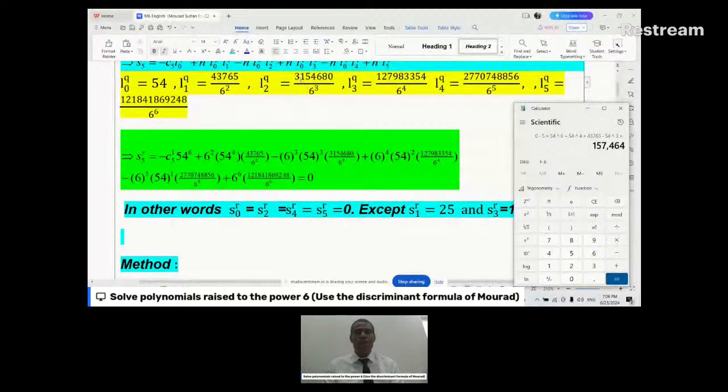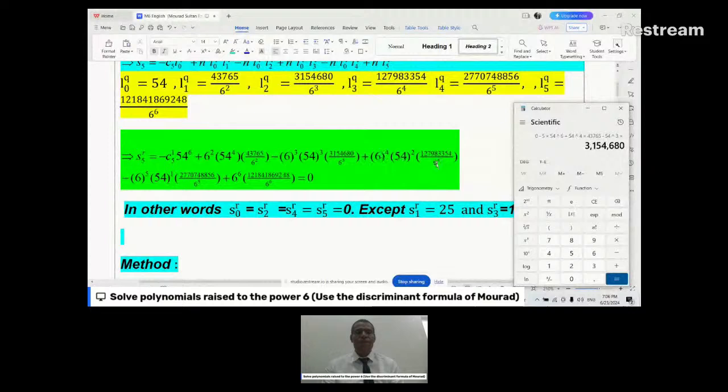L2 is 3,154,680, okay, so times, just one moment, negative 54 raised to the power 3, yes, times again, Mr. Murad, times 3,154,680. Correct.